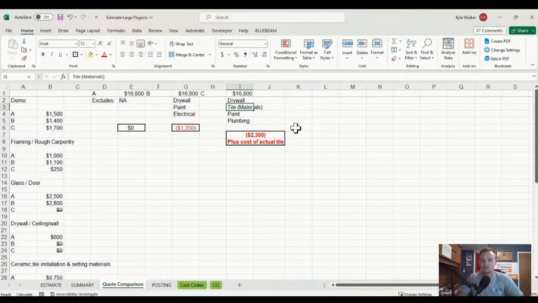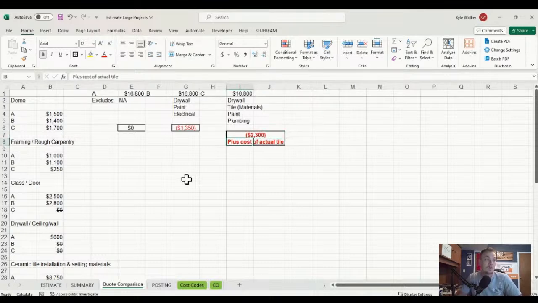I'll guarantee you that's relatively cheap tile. But the point being, he excludes it. He doesn't have paint and he doesn't have plumbing. So in order to get your shower functioning, you absolutely are in for the cost of the tile and the cost of the plumbing. Assuming you're using contractor A's plumbing, that was $1,200. Then the drywall and paint are the other 1,100. Then you have the cost of the tile.